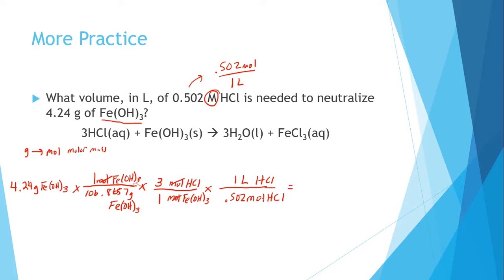Now I've canceled out moles. I'm left with liters. That's what I want. So then I can go ahead and solve across. And if you're rounding to the correct number of sig figs, this problem should have 3. You should get 0.237 liters of HCl or hydrochloric acid.